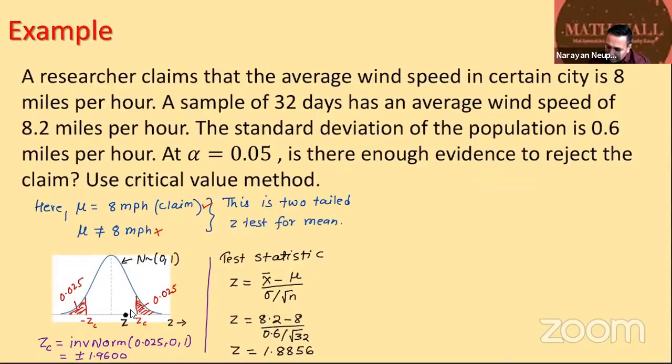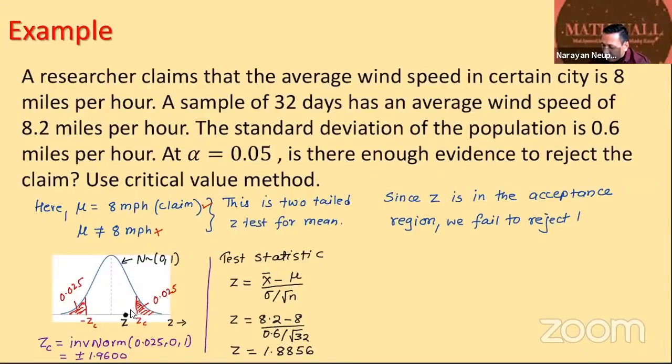Let me write a sentence for that. Since Z, that is the test statistic, is in the acceptance region, we fail to reject the null hypothesis.